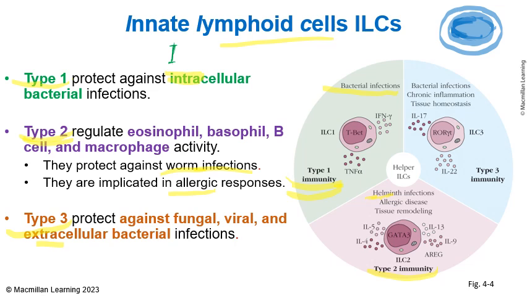Type 1, you always think bacterial infections. Type 2, you think worms. Type 3, you think more of fungal infections or some extracellular type of pathogen.